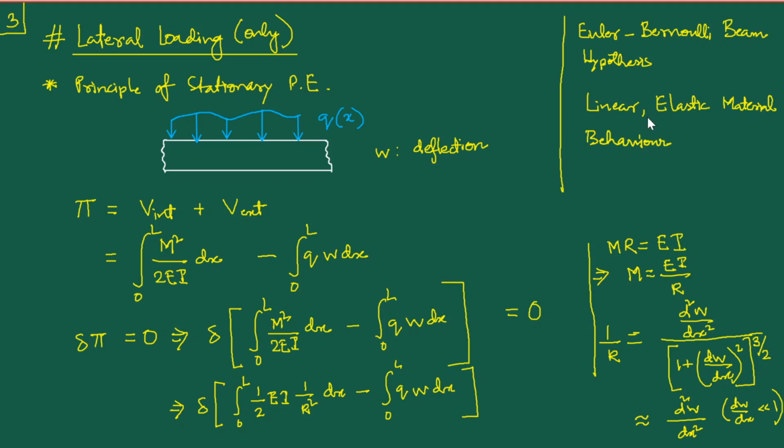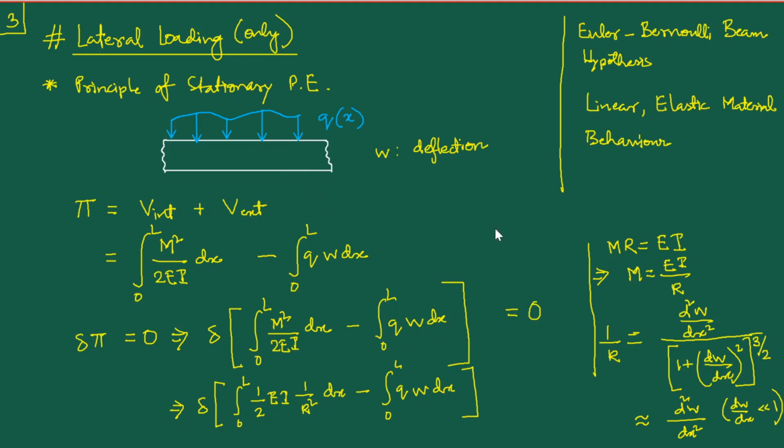So when I say Euler-Bernoulli beam hypothesis, what I basically mean is the kind of assumptions where we say that when a beam is bending, the plane sections remain plane and undeformed, as well as the assumption that the plane section remains perpendicular to the longitudinal axis of the beam. Okay, so it is those kinds of simplifying assumptions that all of this theory is based on.